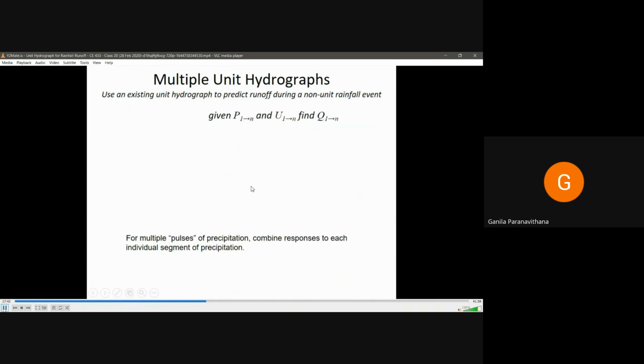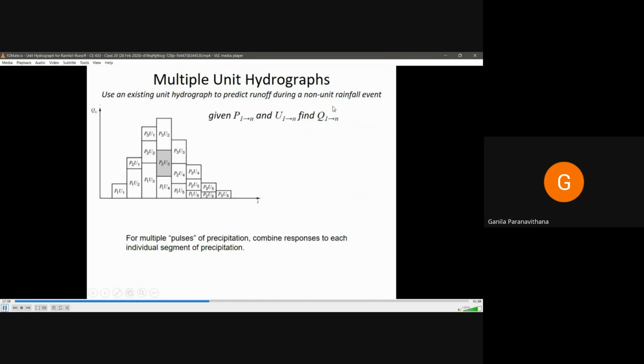So you'll be given a certain amount of precipitation during a certain time period, and you'll know the unit scaling response, and we want to know what's the runoff for that one particular period. But then there's going to be precipitation from other periods as well. And so there's this figure from the book that shows the formula that would be used for a storm where you have 3 different precipitation amounts.